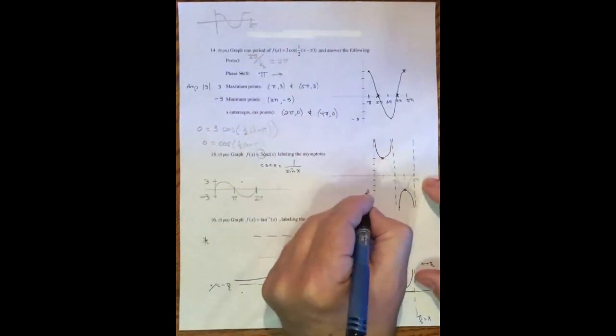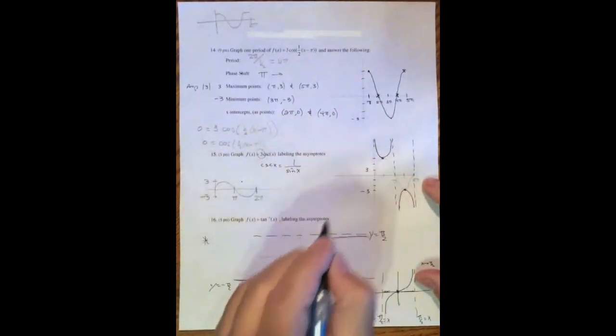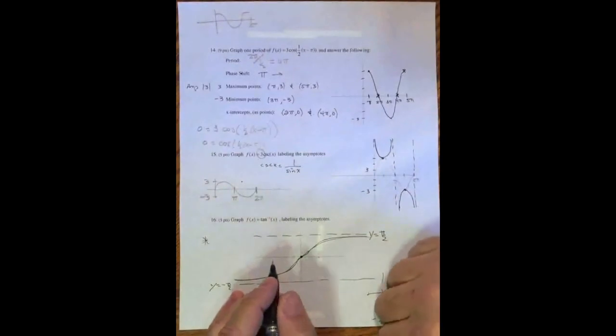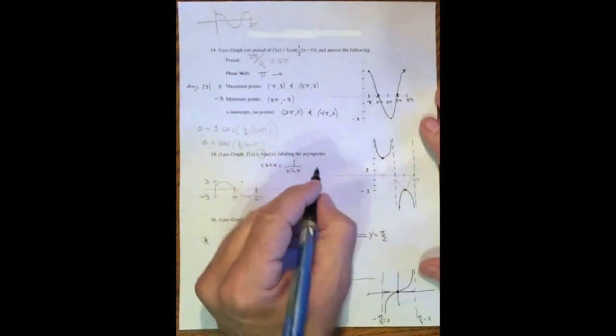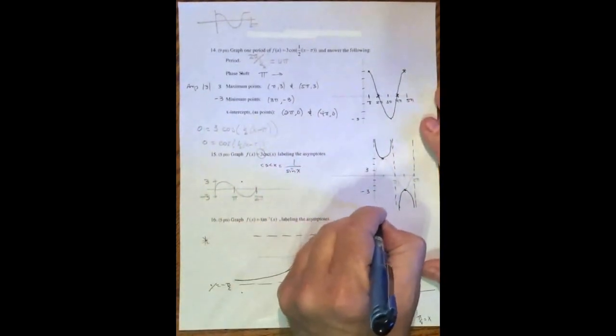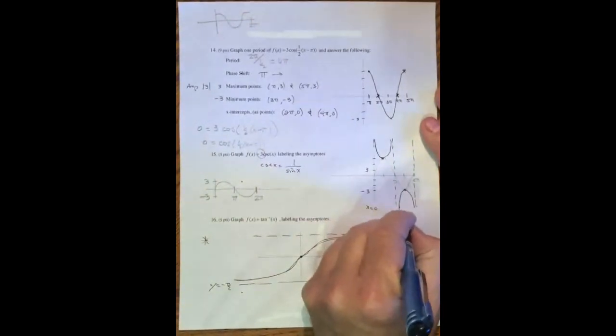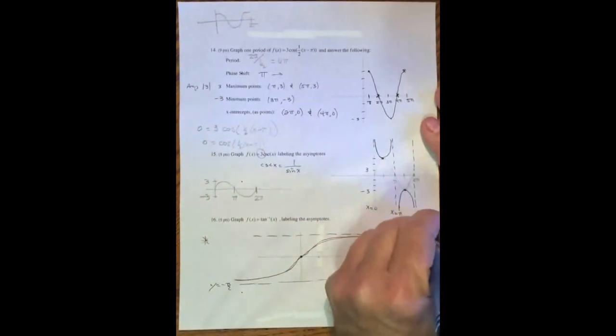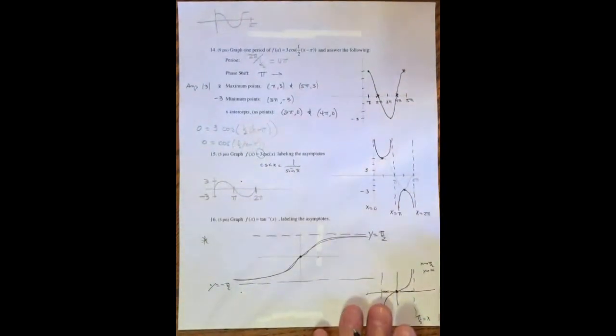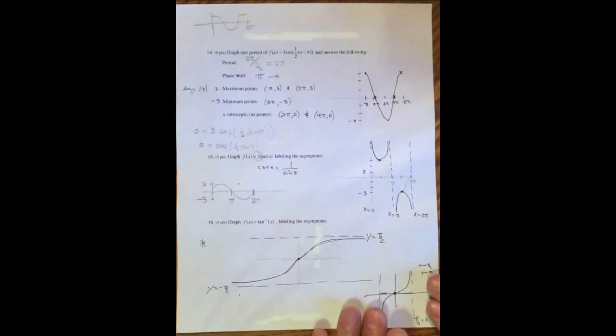Okay, and this is minus 3 and then plus 3. And it says label the asymptotes. Okay, so this is x equals 0, x equals pi, x equals 2 pi. And there's the graph of one complete cycle of 3 cosecant x. Okay, I hope this helps a little.